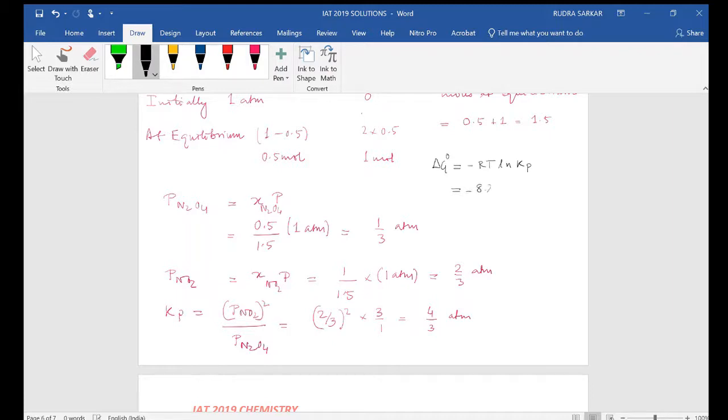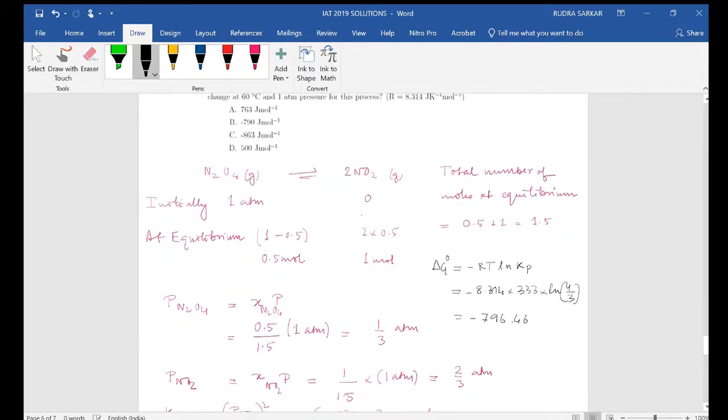We will say 8.314 into 333 Kelvin into ln 4 by 3, and once we do the math, it is going to come out to be minus 796.46 joules per mole.